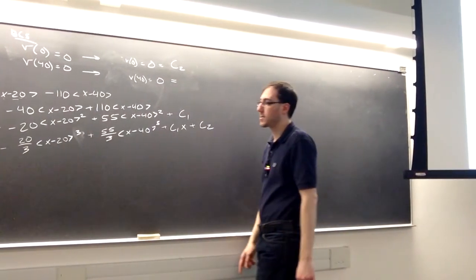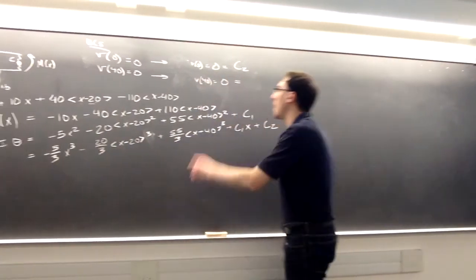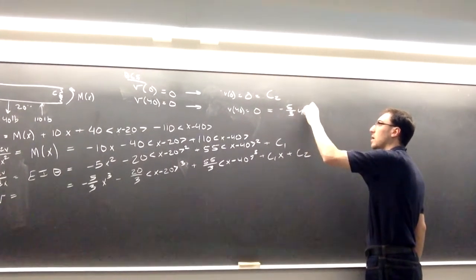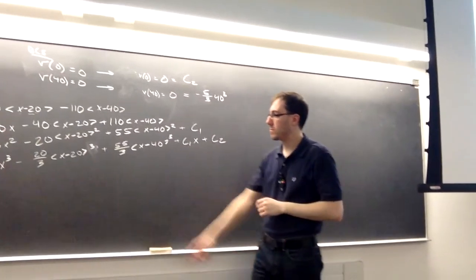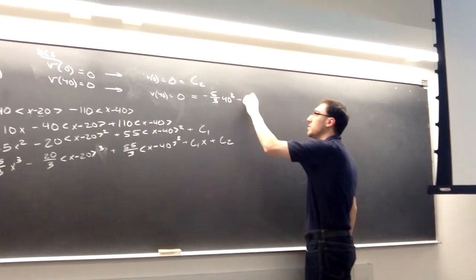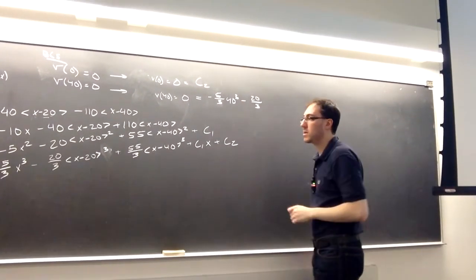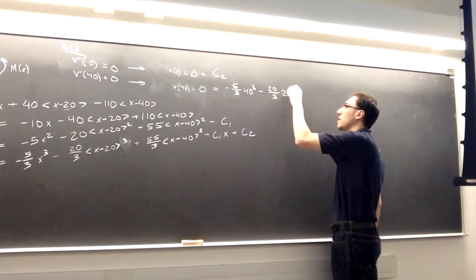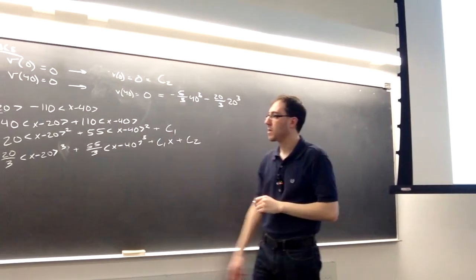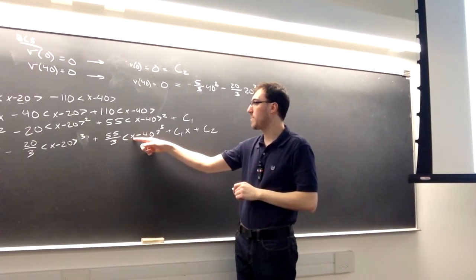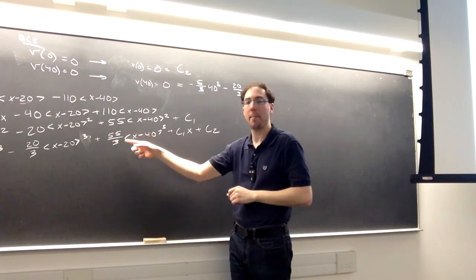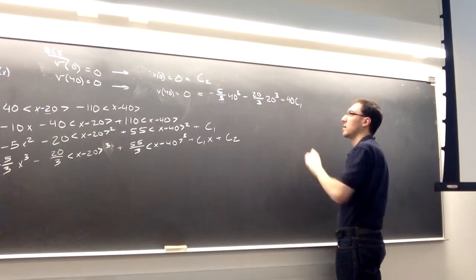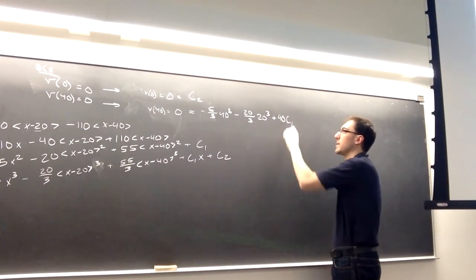So in this case, now I have negative 5 over 3 times 40 cubed minus 20 over 3 times 40 minus 20, which is 20 cubed, plus, here I'm going to have 40 minus 40 is 0, so this term will drop out. And I'll have plus 40C1 plus C2.